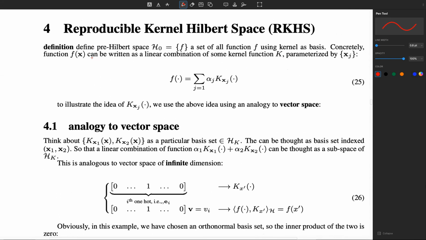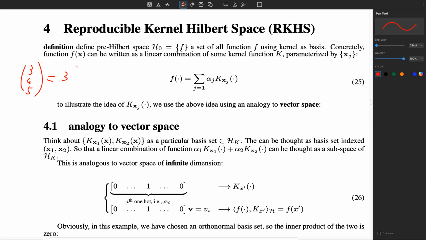Are people familiar with the function basis? If you have a vector like 3, 4, 5, you can write it out in terms of your orthogonal basis. How would you do that?